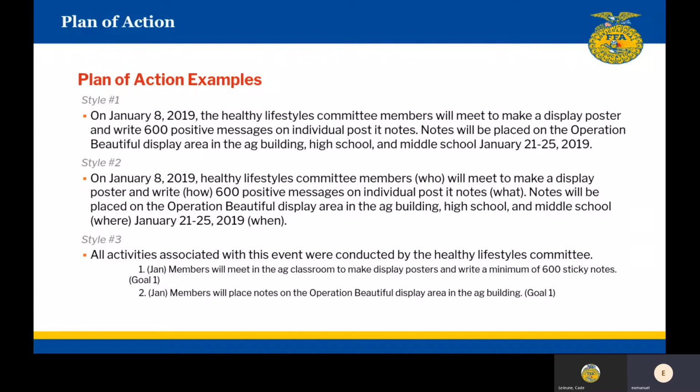And I always really like this format, and there's nothing wrong with it. You just have to be very specific with it so that the judges know that you're answering the who, what, when, where, how questions. I am kind of switching to doing a combination of that and the style 2.